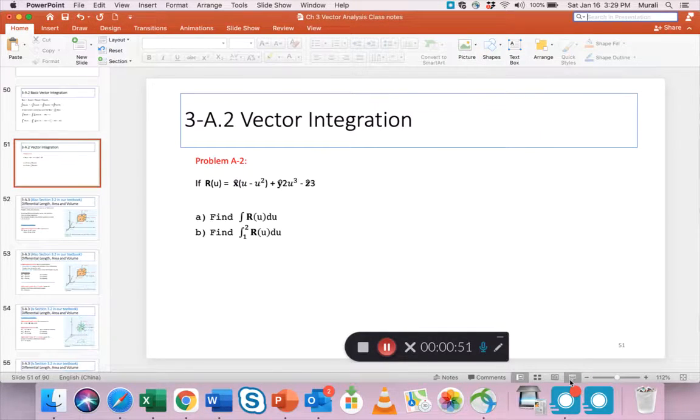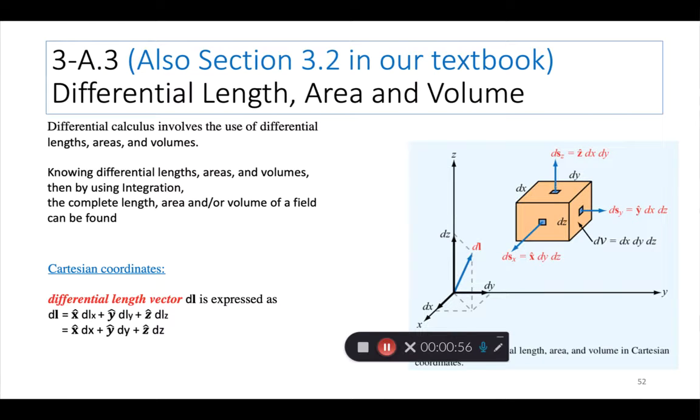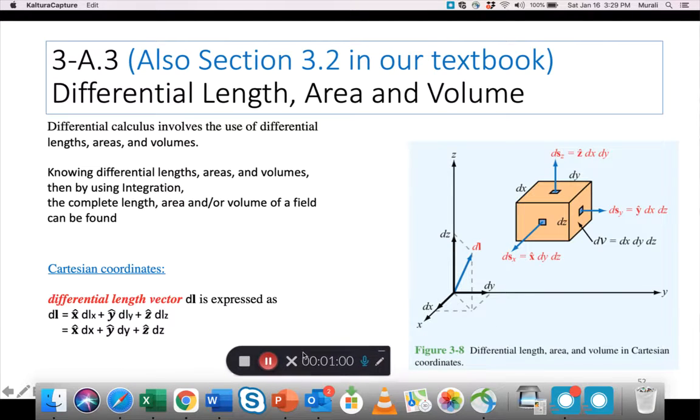So let me continue. I'm going to expand this and we move on to another section which is also mostly from our textbook, even though I've put it under a different section, 3A-3 in my notes, but most of the material here is also in our textbook in section 3.2 under coordinate systems.